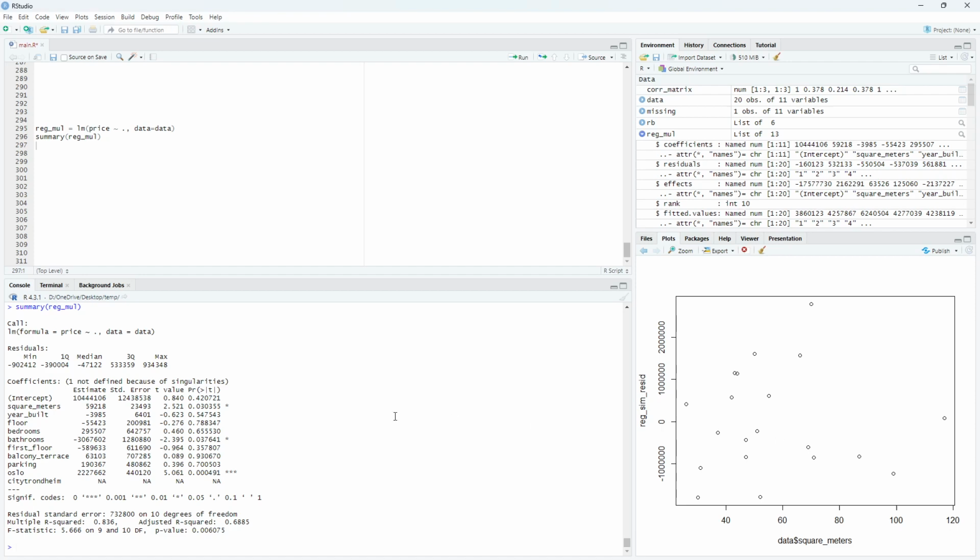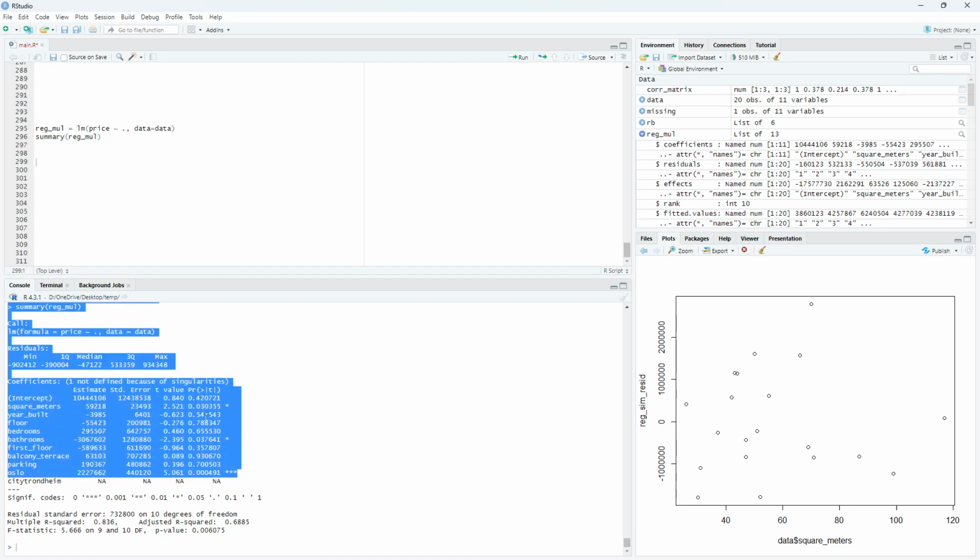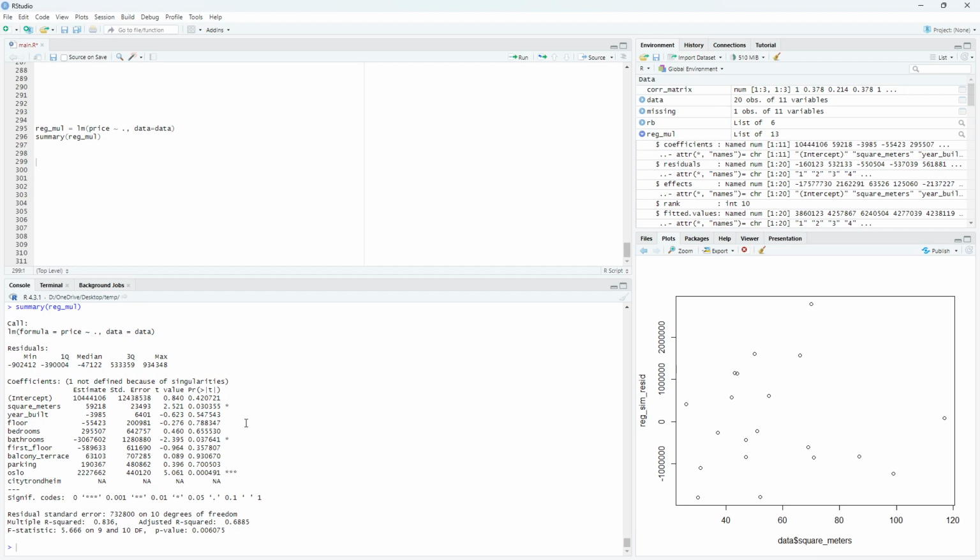Okay, so what can we do with this model? Well, we can predict prices given that we have this information. The most important ones would be square meters, bathrooms, and whether or not the apartment is in Oslo.